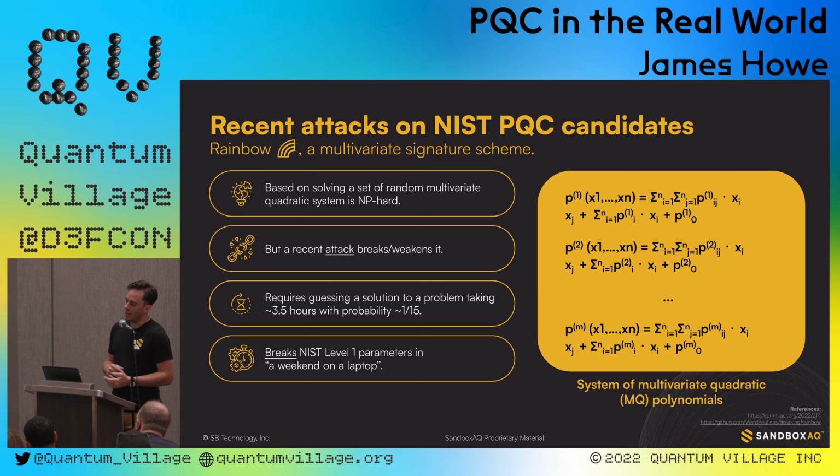In particular, the 128-bit secure parameters were cut down significantly. I think the designers tried to move the parameter set up to cover that attack, but it still wasn't good enough, and NIST decided not to select this and move it forward. And the title of the paper that breaks it suggests you can do it in a weekend on a laptop.